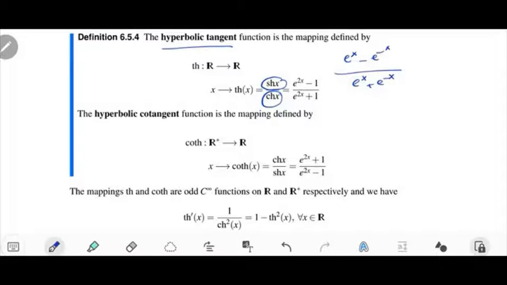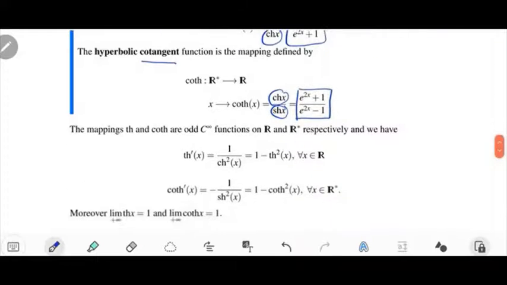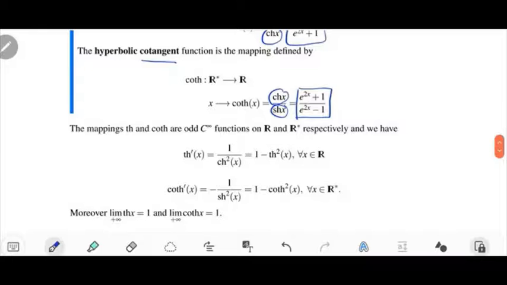So we remove the over 2's, and doing the common denominator and then removing this denominator, simplifying it, we'll have e^x minus 1 over e^x plus 1. And then the hyperbolic cotangent function, which is ch x over sh x, which can read also e^x plus 1 over e^x minus 1.